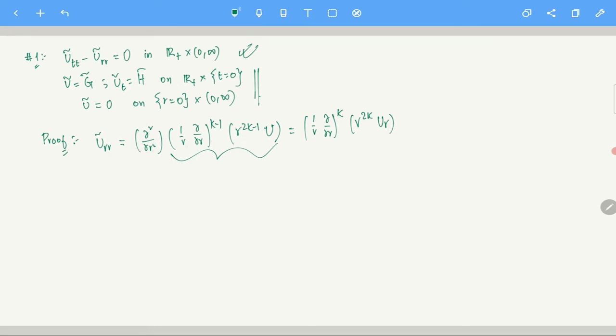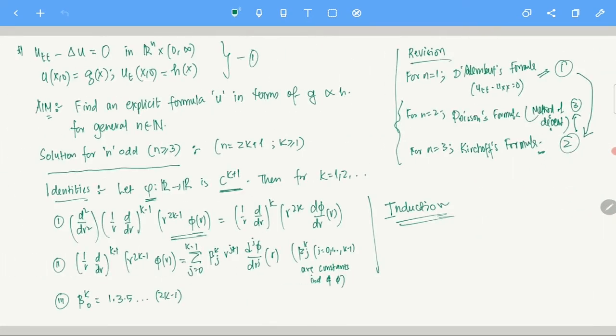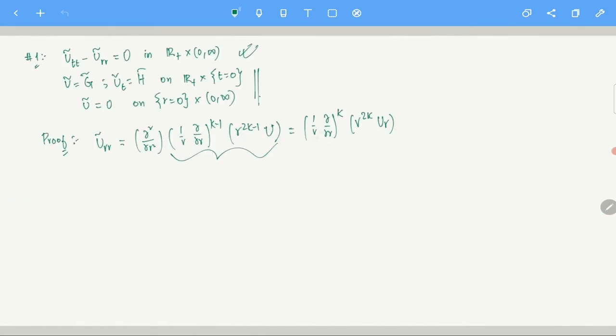Del 2 del r2 of this particular u tilde is 1 by r del r whole power k, r to the power 2k d phi dr. This is for any phi, so I can just substitute phi with capital U in our case, and it is 1 by r del r whole power k, r to the power 2k U_r, right?